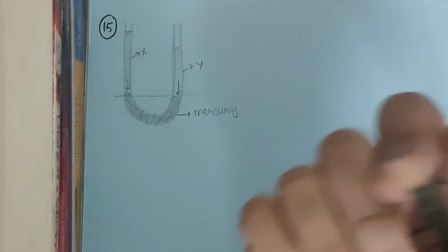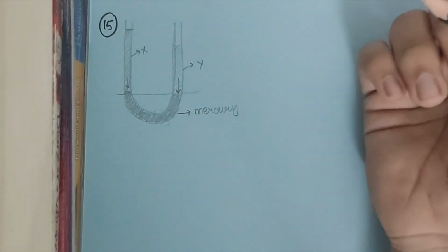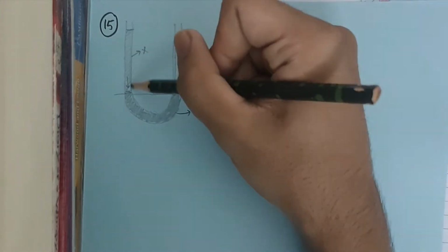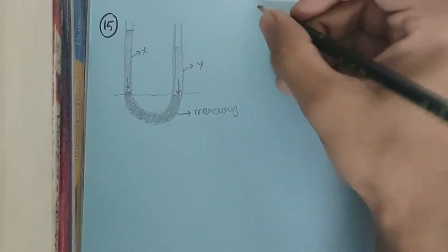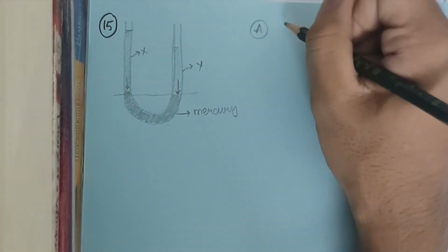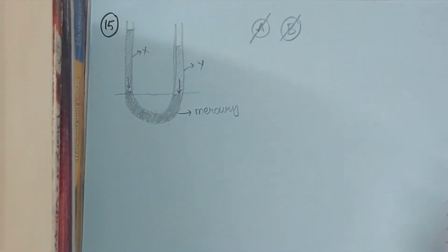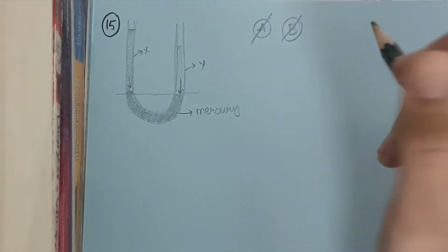That basically means the forces on this side and this side are the same. That also means that the pressure on this side and this side is exactly the same. Therefore, we can easily eliminate A and B because both A and B talk about the pressure being different for X and Y. The pressure for both the liquids will exactly be the same.